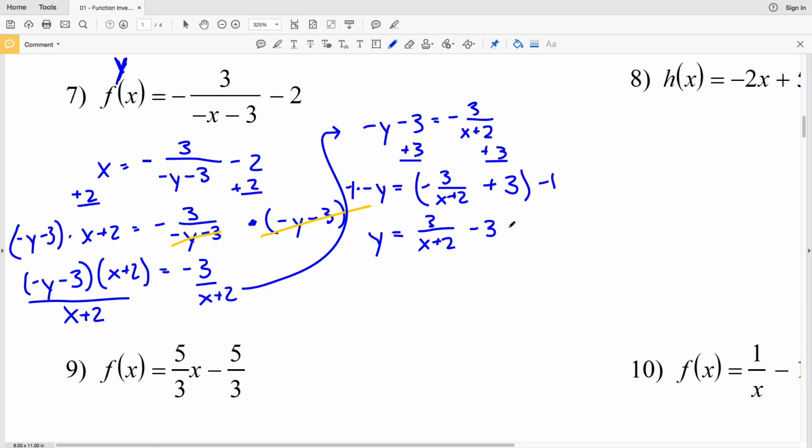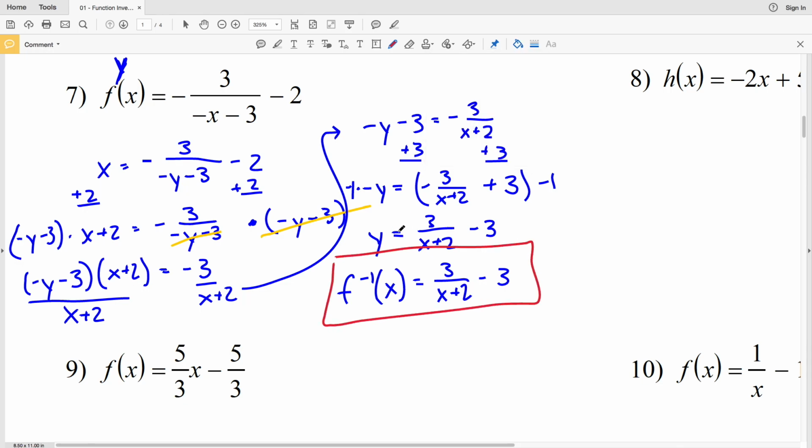Now for my last step, I have to write y as my function notation. And because this is f of x, I'll have the inverse function of x equal to 3 over x plus 2 minus 3. That's my solution in number 7.